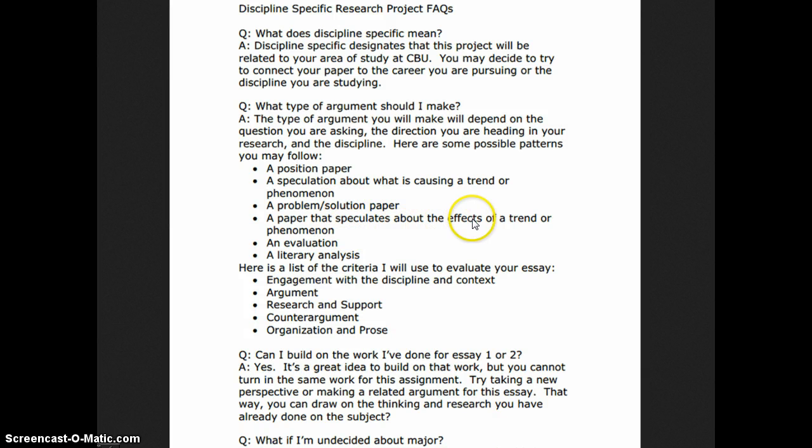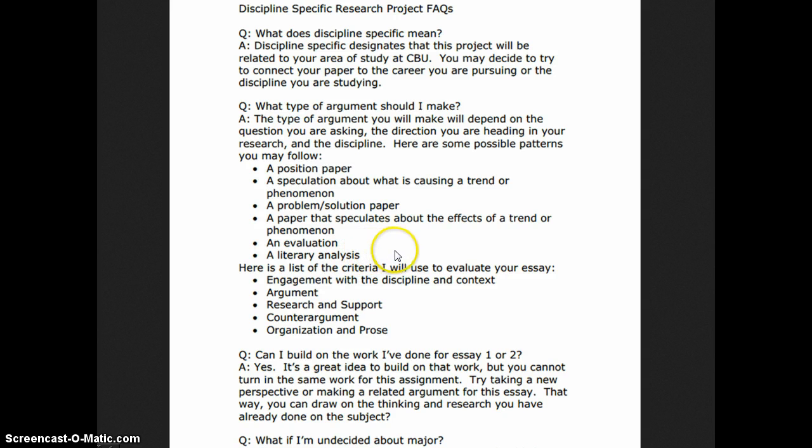Perhaps you want to talk about the effects of a trend, or you might want to evaluate something. Maybe there's something going on in some business techniques, and you want to evaluate them for effectiveness. Compare and contrast different methods. Literary analysis, that's probably not so much applicable to your major.